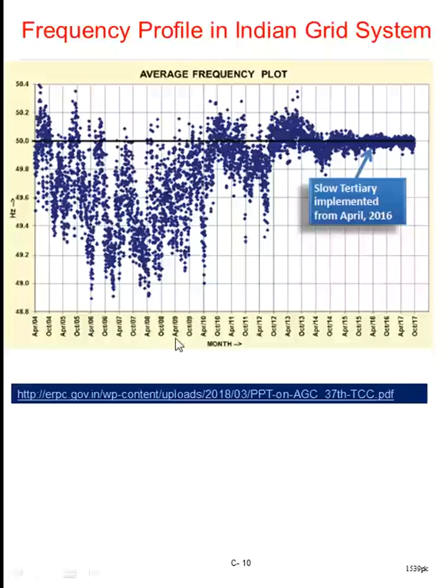But after we had the one national grid, and thereafter you find that the range of frequency deviation is now a narrow band, because over these years we had a large band of frequency variation here, right?